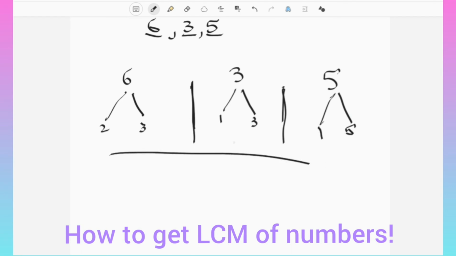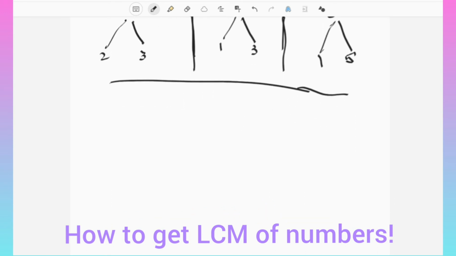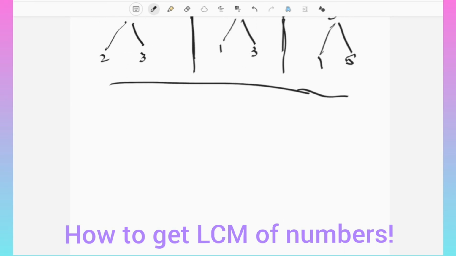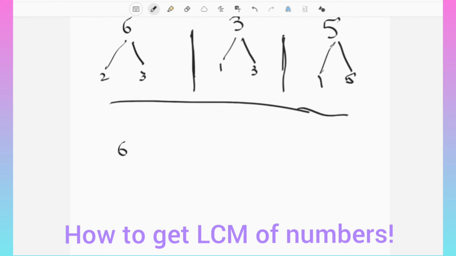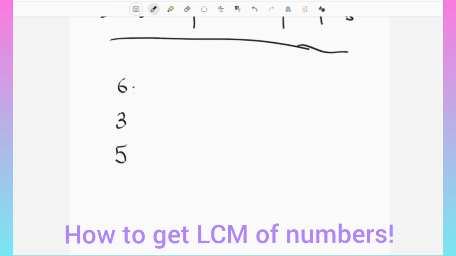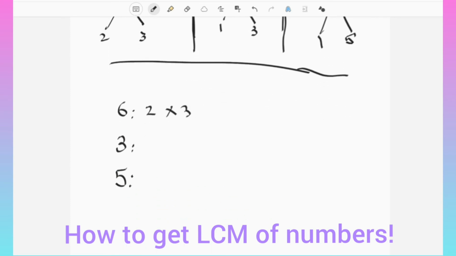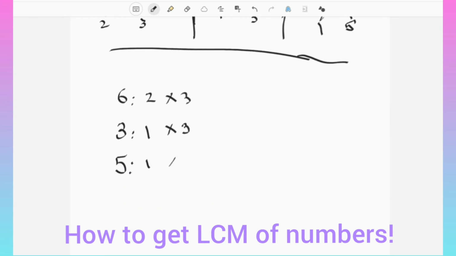Now I'm going to list it out neatly: 6, 3 and 5. For 6 we got 2 and 3, for 3 we got 1 times 3, and for 5 we got 1 times 5. So this is what we got so far.